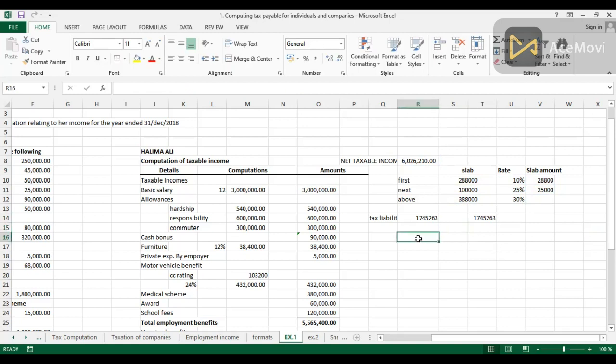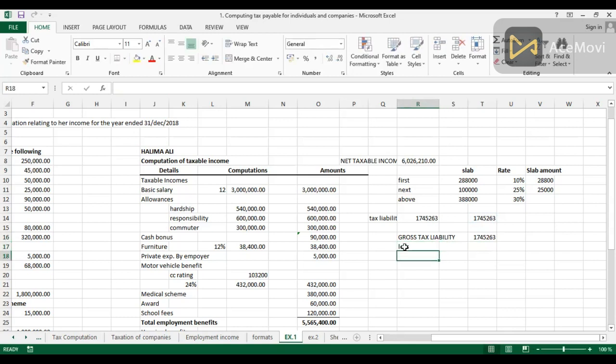So here, gross tax liability. Let me write here equals. So this one is the gross, isn't it? We have less.